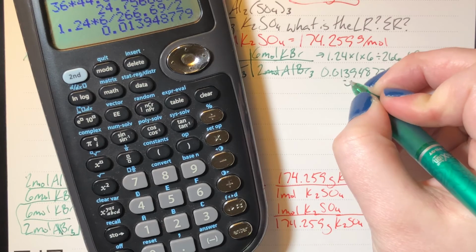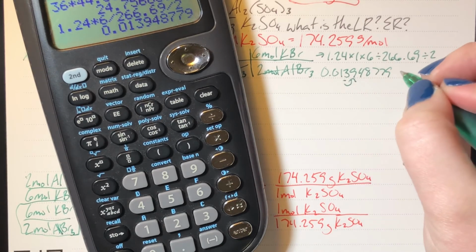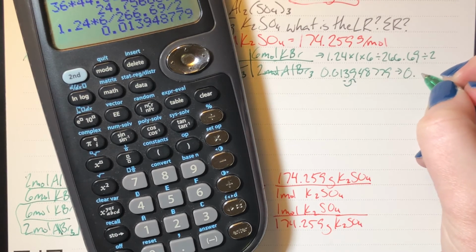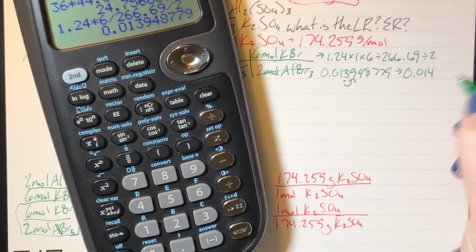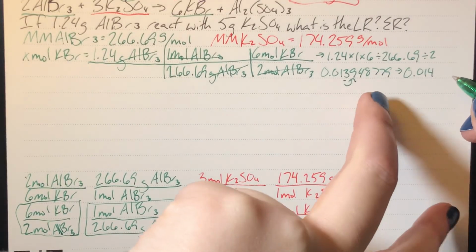I'll round it to the third decimal place just because this number is so small. I just want to keep as many of my numbers as possible, so that's going to turn into 0.014. And then the only English left in my math, the thing that I said that I wanted, moles of potassium bromide.